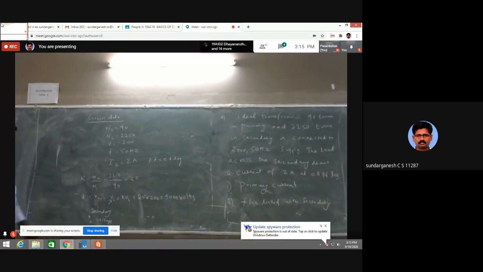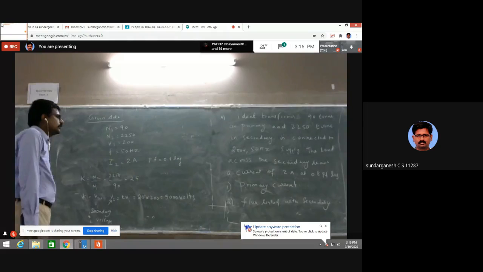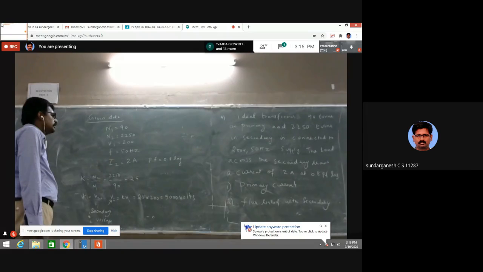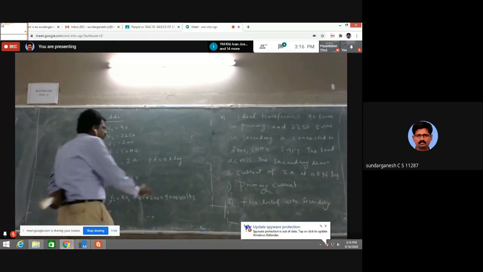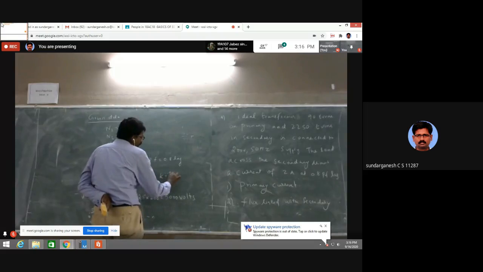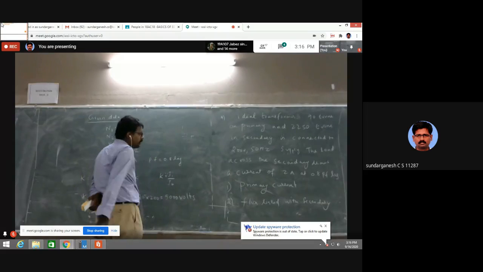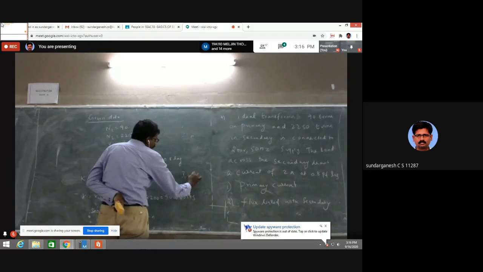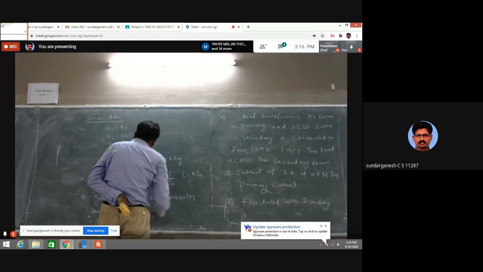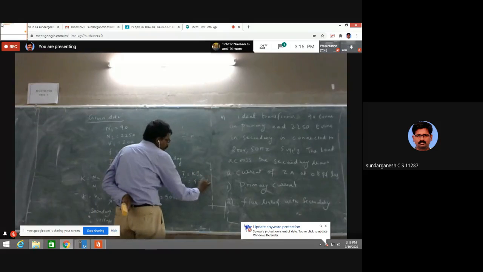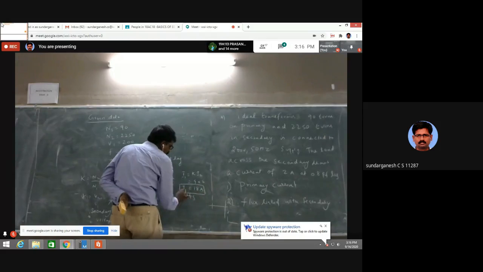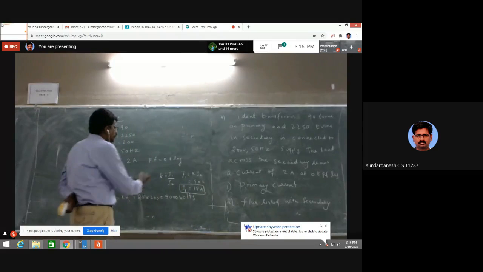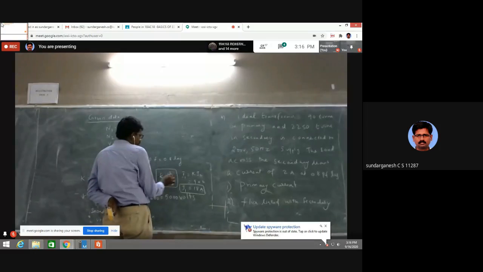Our aim is to find the primary current and the flux linked with the secondary. I have found V2. K is also equal to I1 by I2, and I want to find I1, so I1 equal to K into I2.